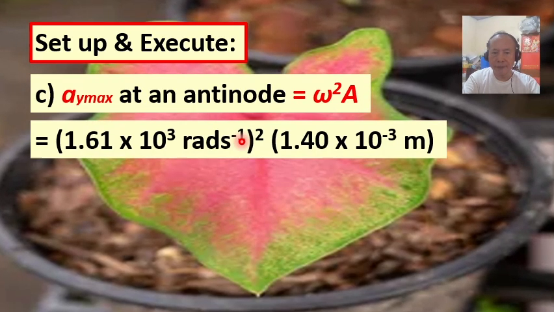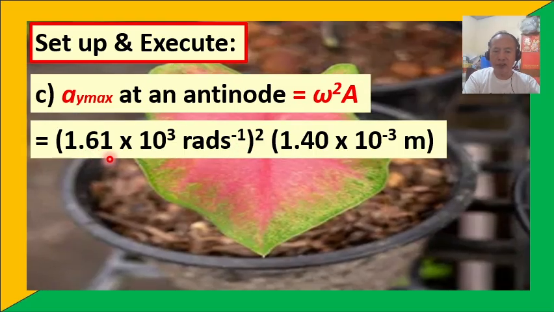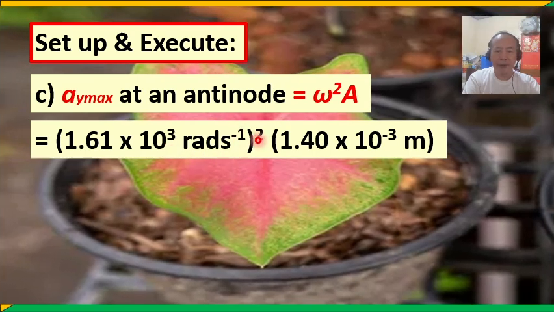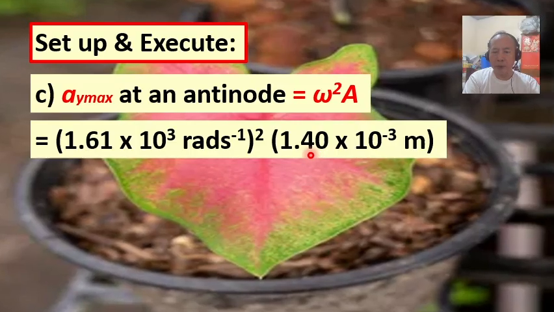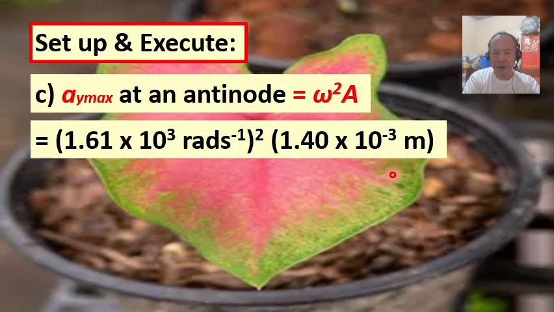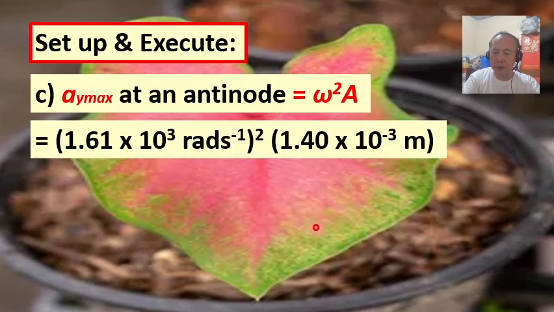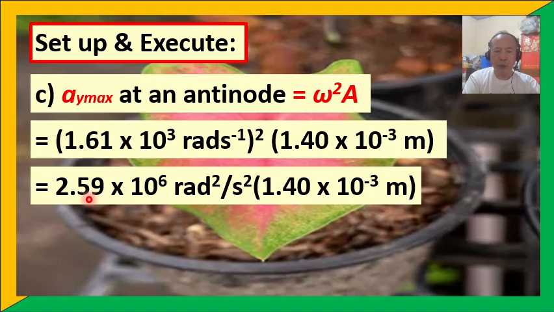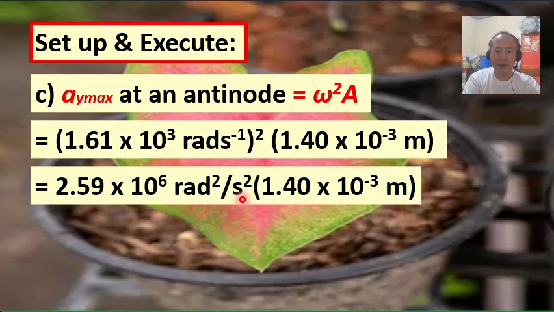That is, a sub y max is equal to 1.61 times 10 to the third power radian per second. We square this and then multiply it by 1.40 times 10 to the negative 3 meters. So doing your math, we get 2.59 times 10 to the 6th power radian squared per second squared.